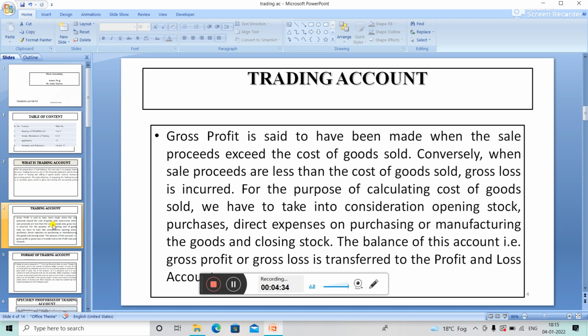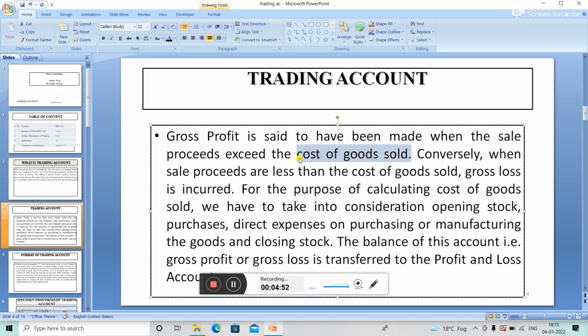On the credit side, we include the income, like sales, or closing stock. Apart from this, one important term that we involve in this trading account is called cost of goods sold.